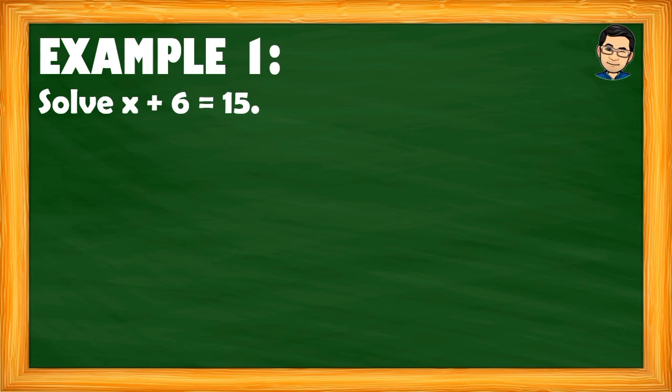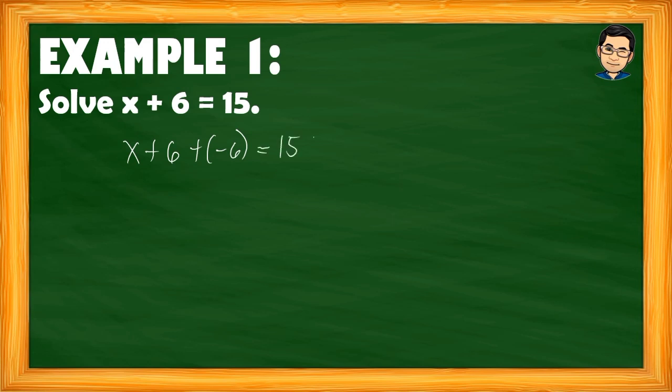So we will apply addition property of equality, APE. So wherein kailangan nating mag-add ng negative 6 to both sides para ma-eliminate yung 6 sa left side. So ganito siya, x plus 6 plus negative 6, equals 15 plus negative 6. Plus negative 6 or minus 6, pareho lang po yun.